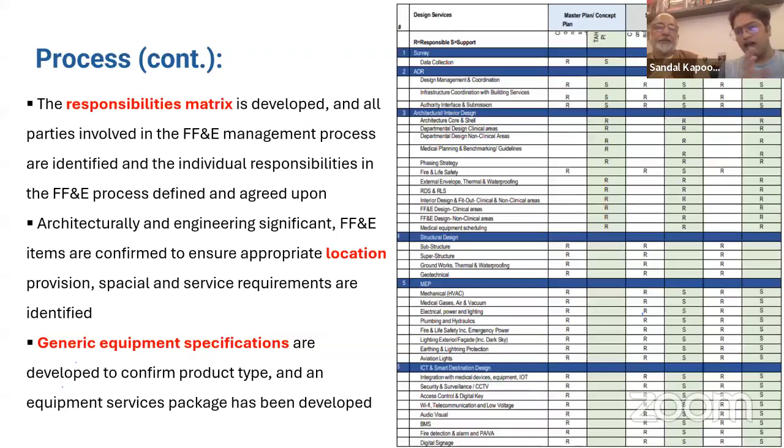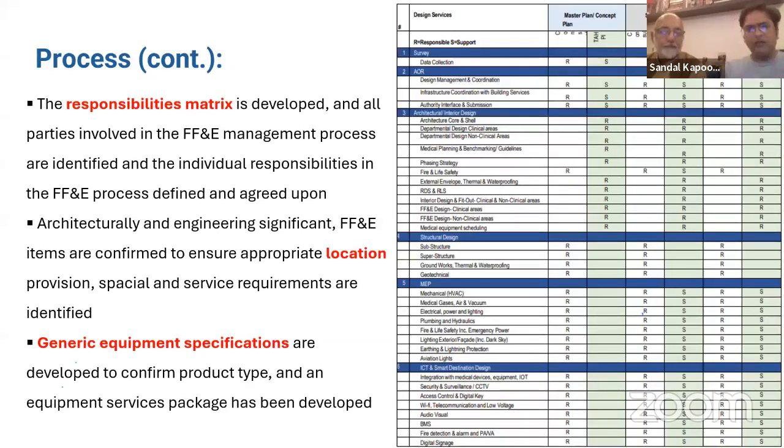Once we have our schedule in place, the furniture, fittings and equipment schedule is in place, then we'll proceed with something called a responsibilities matrix, because there are so many players involved in the entire process, and we need to understand who is responsible, who is supporting the function, and who is exactly responsible at various stages.